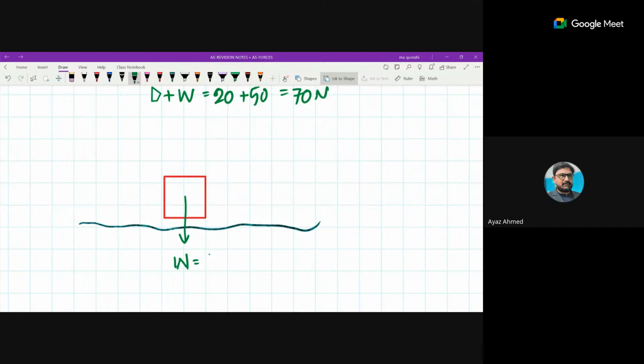Weight is still 50. If it is moving with the same constant speed, drag will be the same. Now upthrust is zero. How much force should this motor apply now?